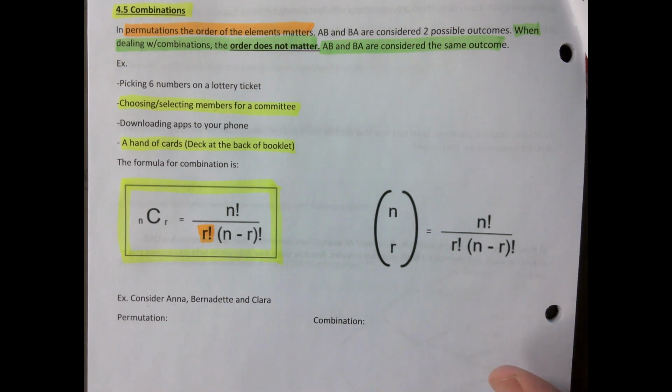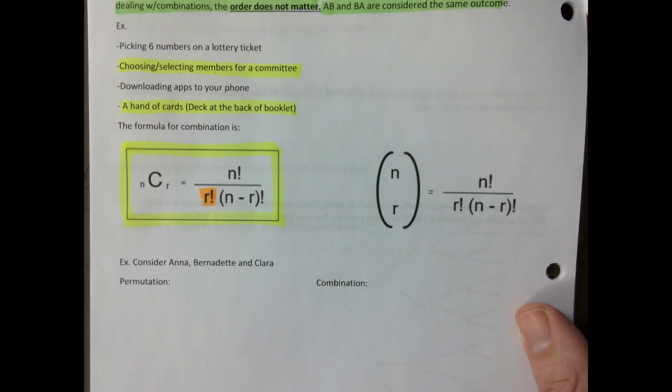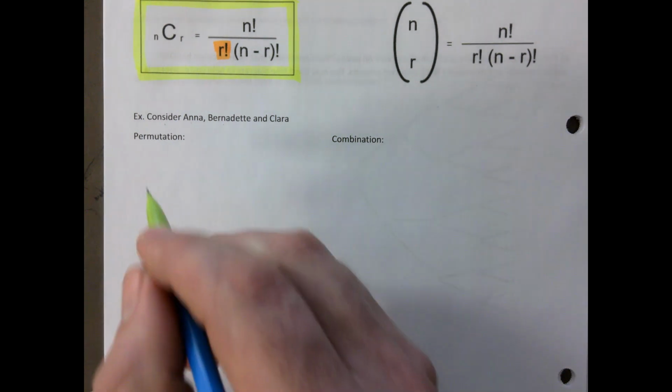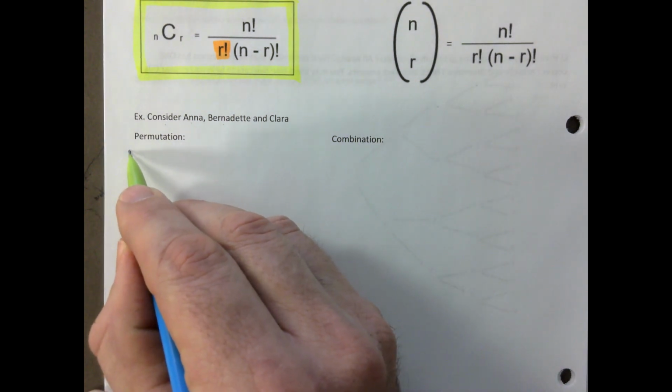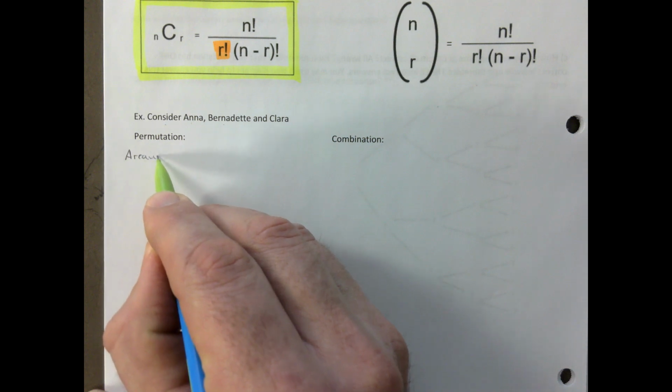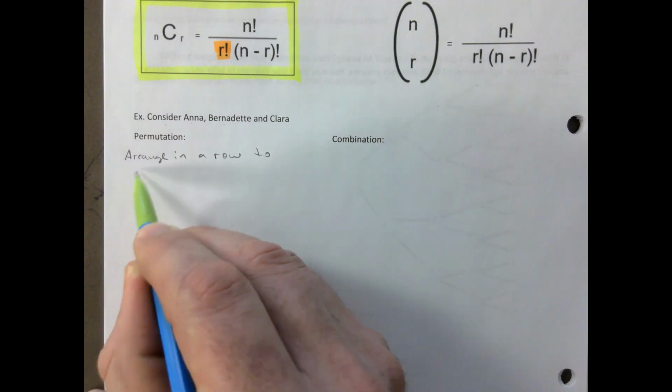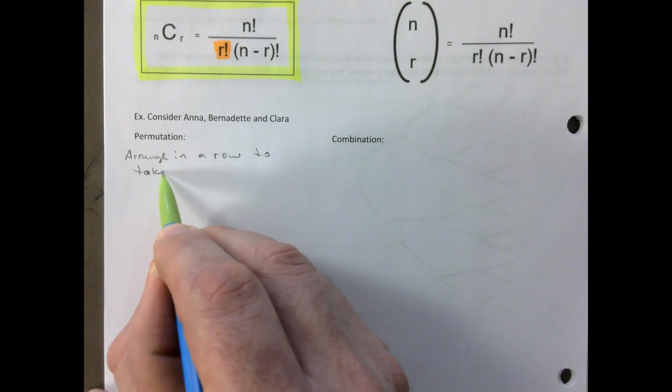So consider Anna, Bernadette, and Clara. When it comes to permutations, so I'm going to add a little bit to it. Permutations, let's say they have to arrange in a row to take pictures.